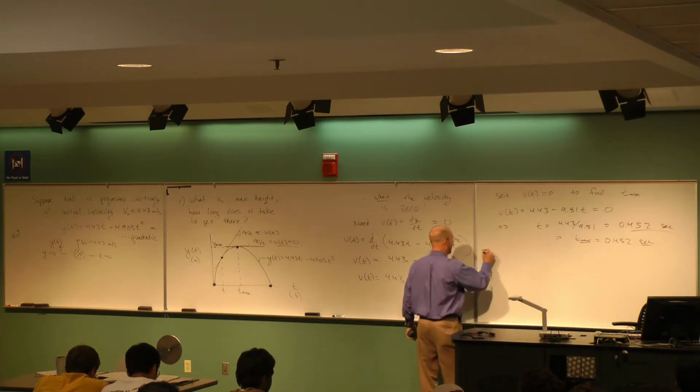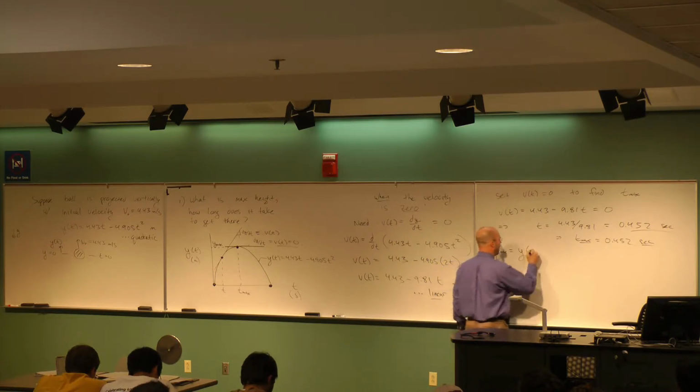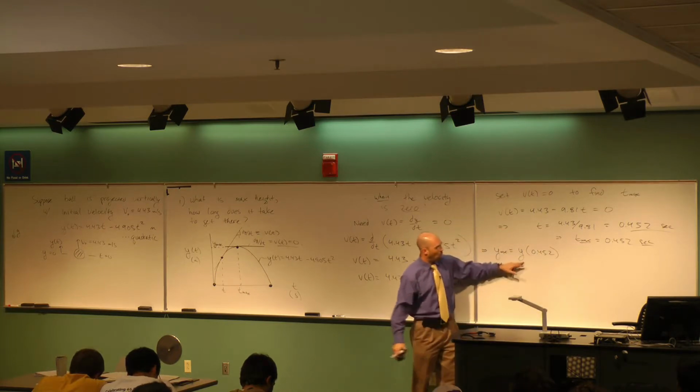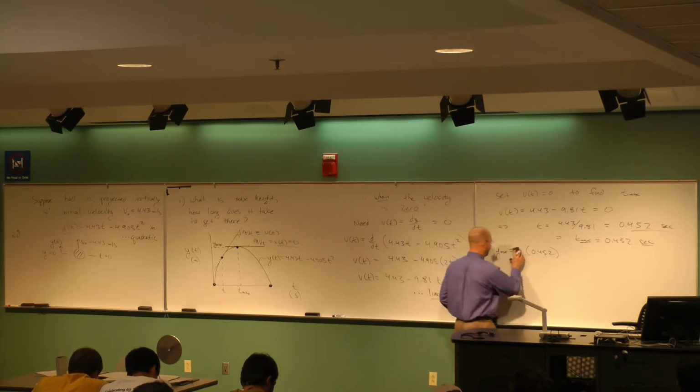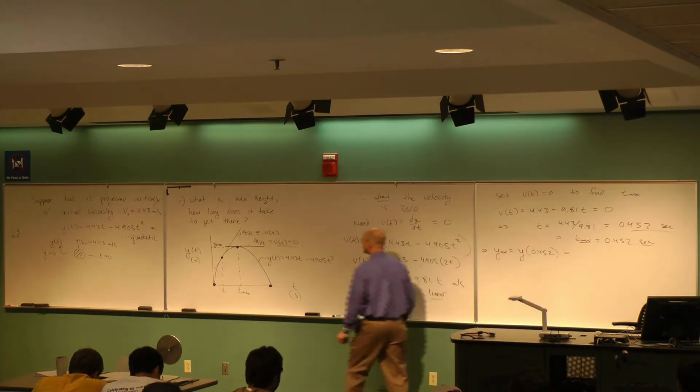So finally, y max is equal to y evaluated at 0.452. So this is not y multiplied by, it's y evaluated at that. Let's plug the number in.